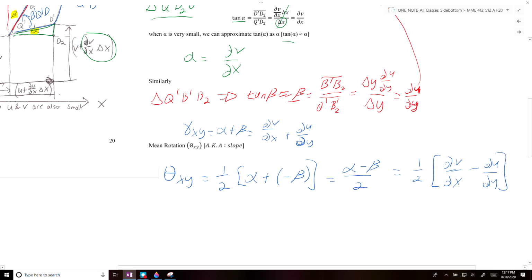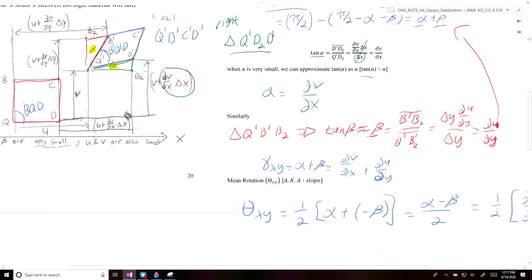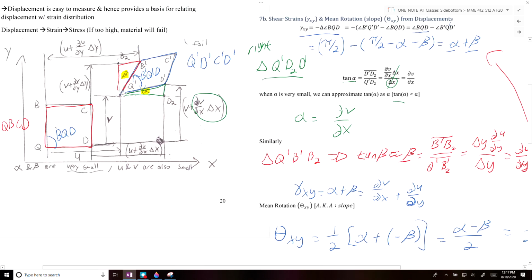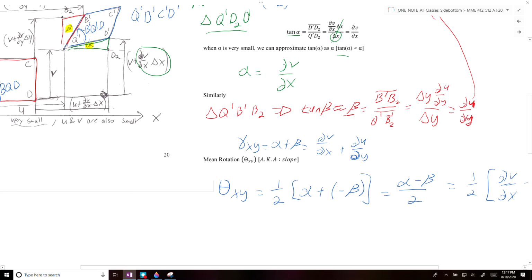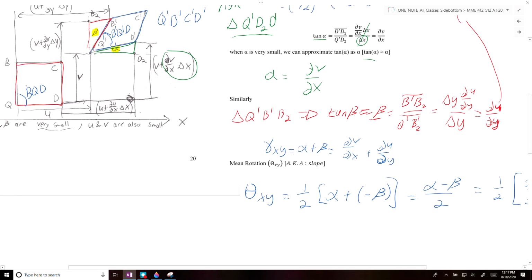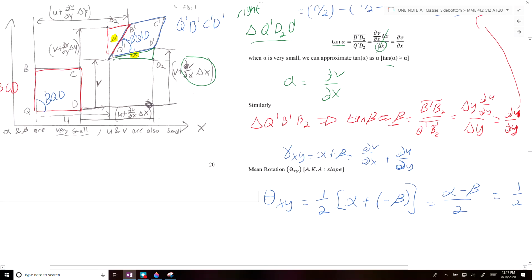So that concludes how you can calculate the shear strain, gamma xy, and the slope using the displacements u of xy and v of xy for a component on an engineering component.